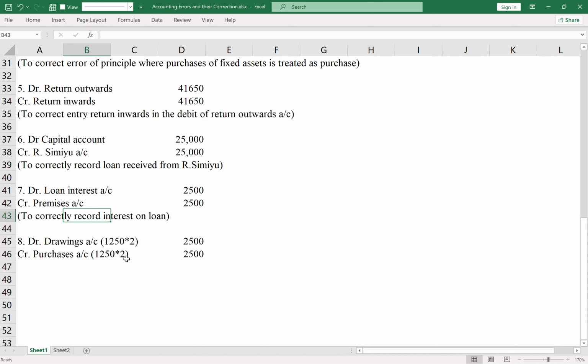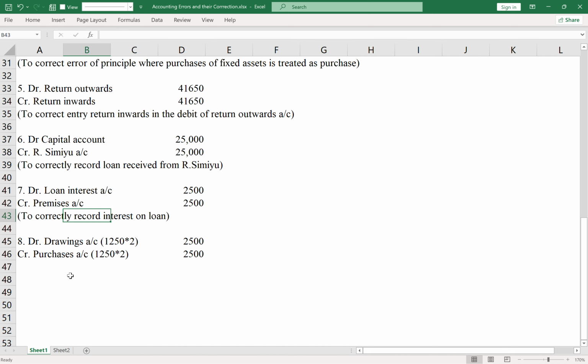So here we have corrected, we have cancelled the initial debit, and also we have entered the correct entry of the credit. That's why we are saying that if we take the goods for our own use, we have debited the purchase account and credited the drawing account.